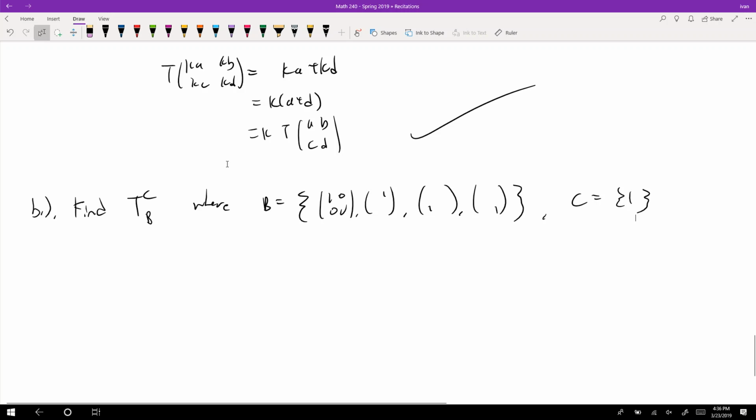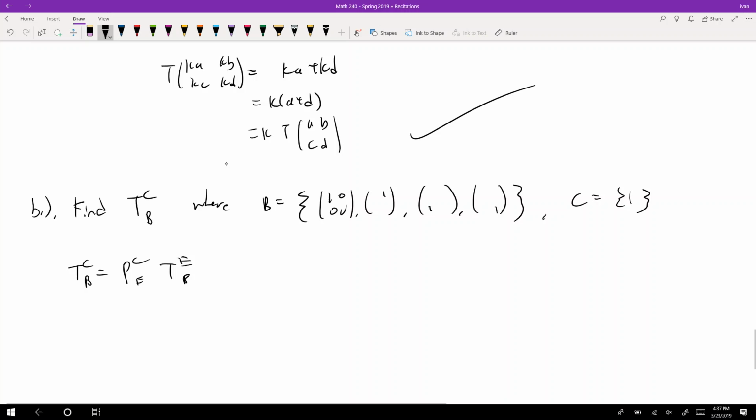Okay, so how do I find T_BC? Well, if you remember, T_BC is equal to T_BE times P_EC.